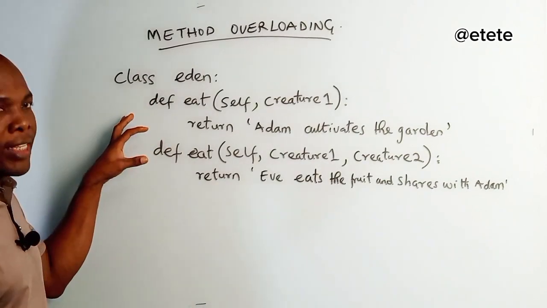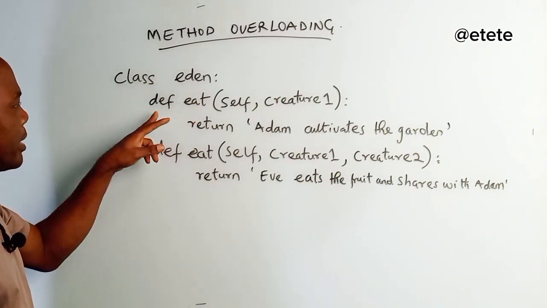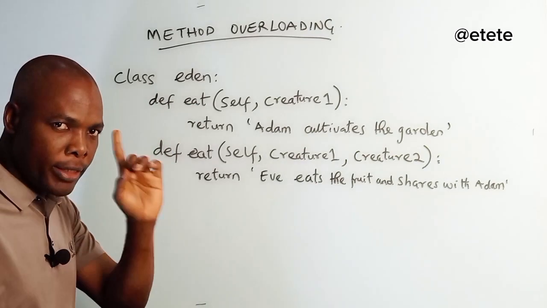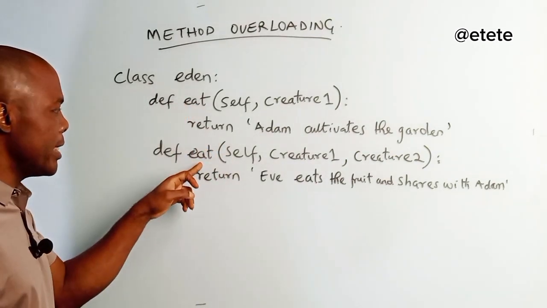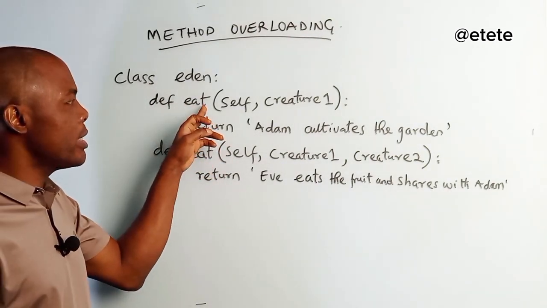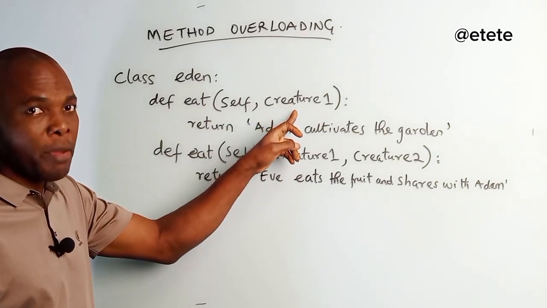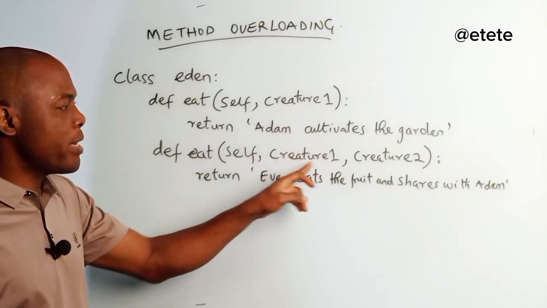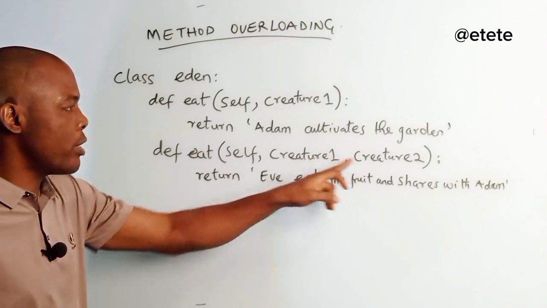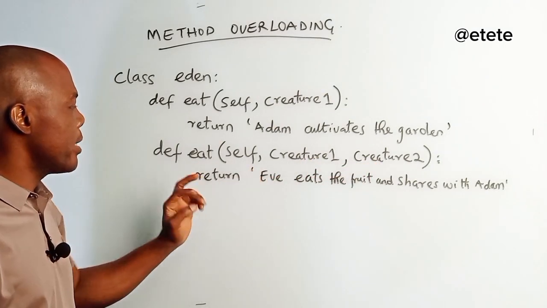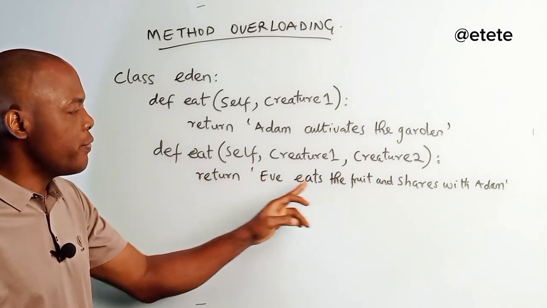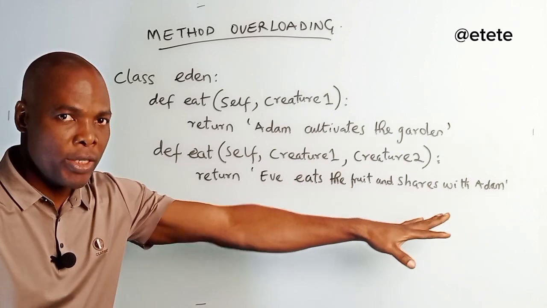So this is the class that we have created, class Eden. Then we have same method, it and it. But this method is expecting just one parameter here, while here is expecting two parameters, creature one, creature two. And then you go in and return if eat the fruit and shares with Adam.